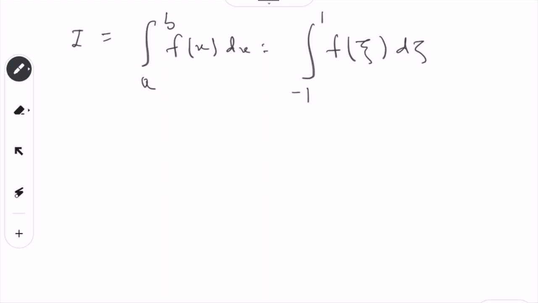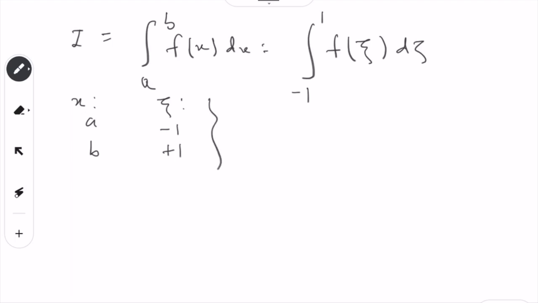We know that if x is a, then xi is -1, and if x is b, xi is +1.